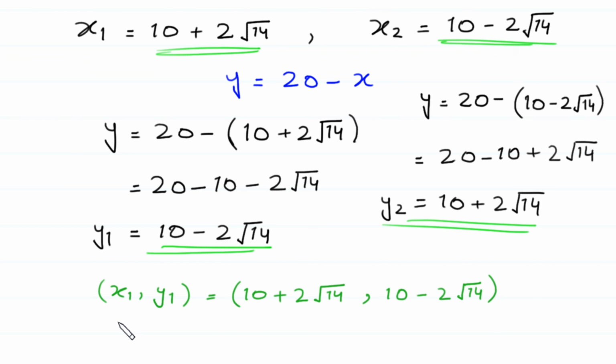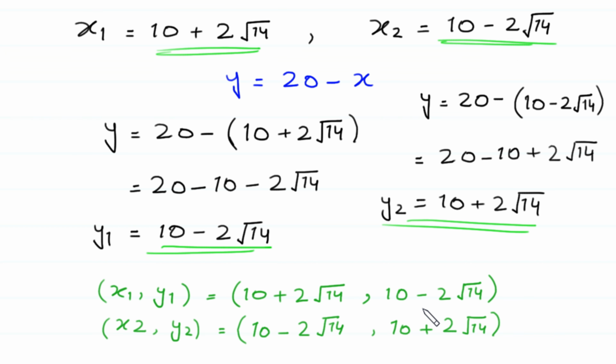And the second one is x2 comma y2, where the value of x2 is 10 minus 2 times square root of 14 and the value of y2 is 10 plus 2 times square root of 14.